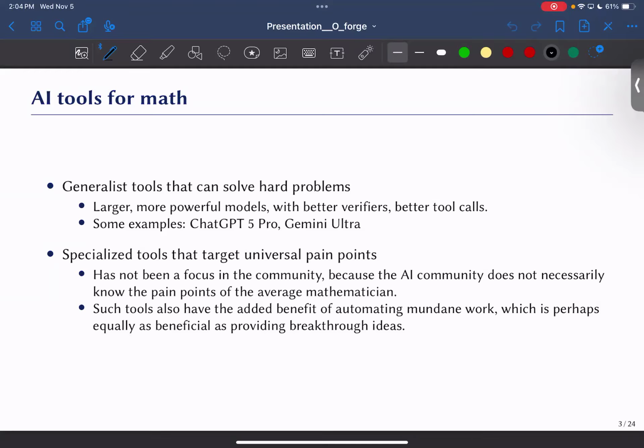And then there are specialized tools that target universal pain points. These pain points are difficult to know unless you are a mathematician. Sometimes you know how to prove something, or you know something should be true, but it's going to take you 45 minutes to write everything down and confirm that your intuition is correct.